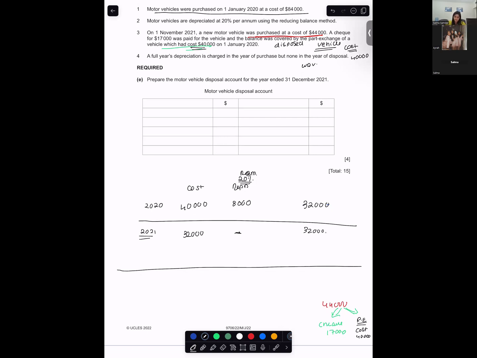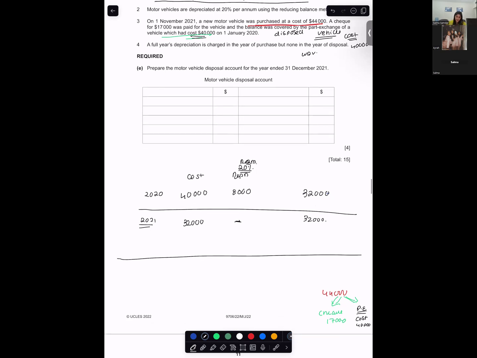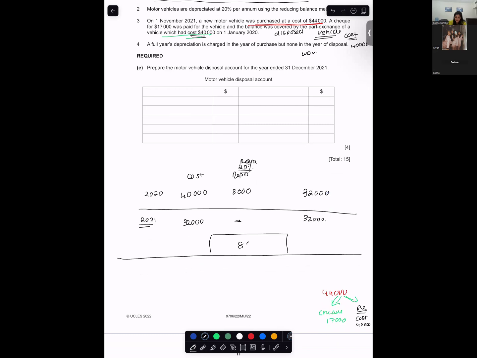Are you with me? Okay, fine. Now let's talk about the selling price of the vehicle. Accumulated depreciation of the asset sold is 8,000. The selling price will be 27,000, exchanged for 44,000. 44,000 was the cost of my new asset, and 17,000 is paid by check.